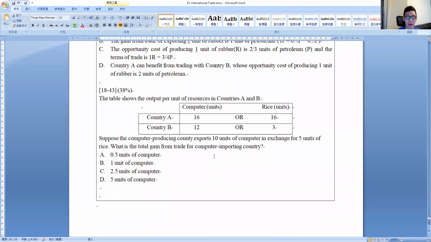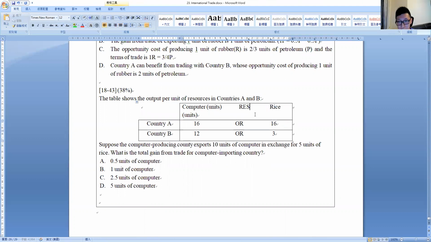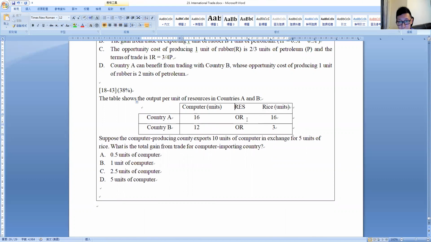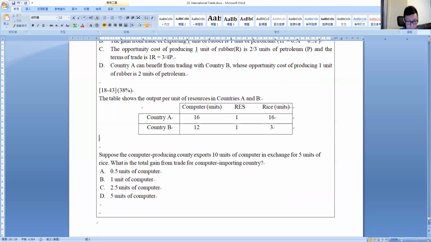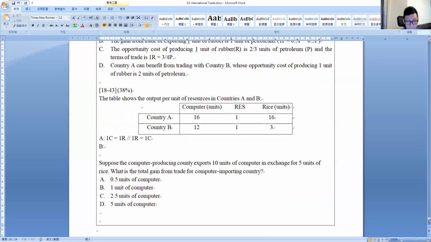We have really reached the end. Look here, output per unit of resources, which means this will be resources. Sorry, this will be resources. This will be 1, and this will be 1. Okay, as usual, we calculate. Country A would be 1C to 1R. These are the best questions, very well set. And B would be 1C to 0.25R, or 1R to 4C.